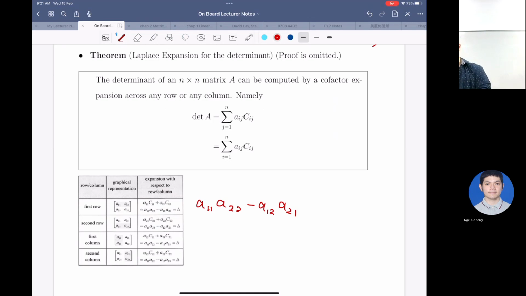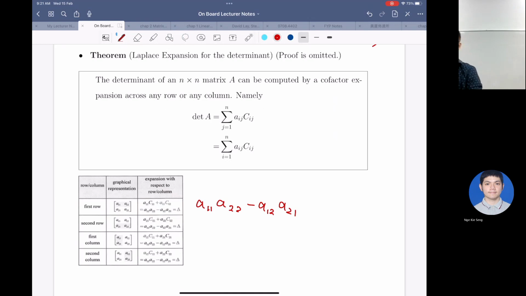Do you want to verify this in class, or do you believe this? I give you the choice. Do you believe this or not? Or do you want to check it together?